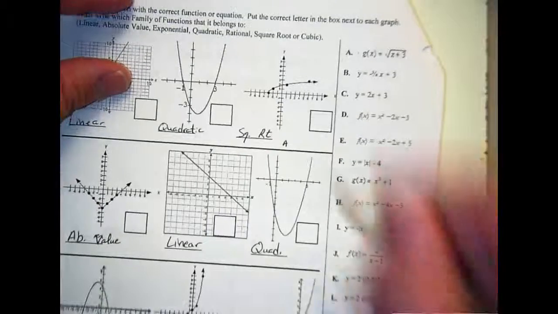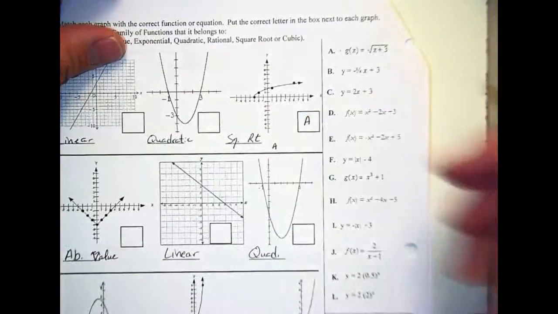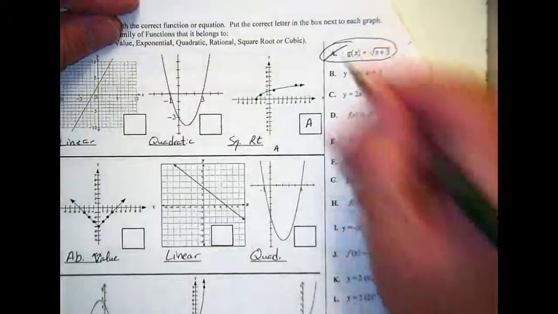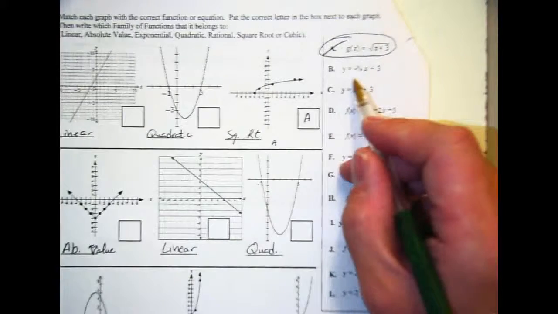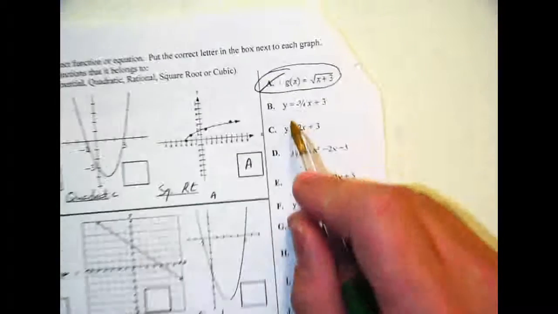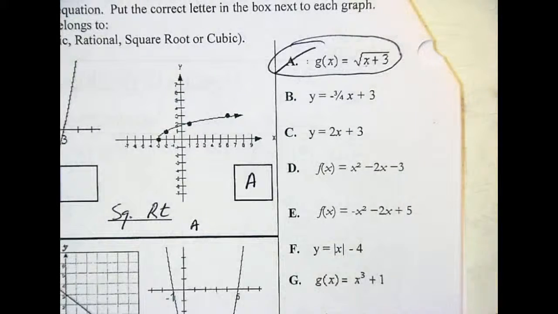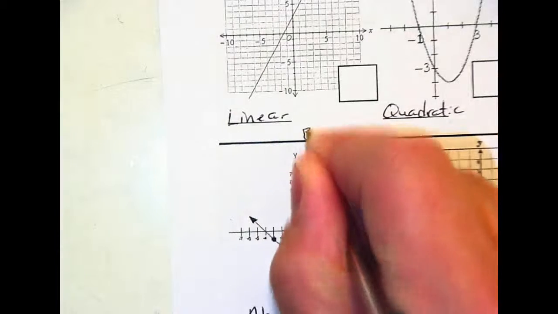That means this one has to be A. Okay, we're done with that one. Well, what type is that? B is linear, x is to the first power. That means this one could be B possibly.